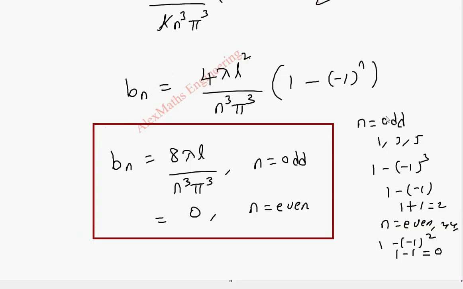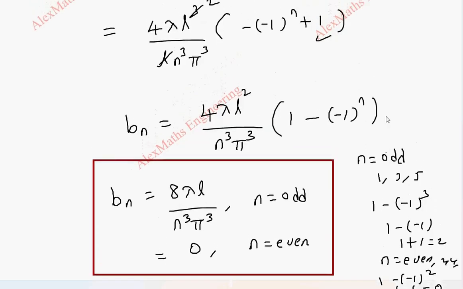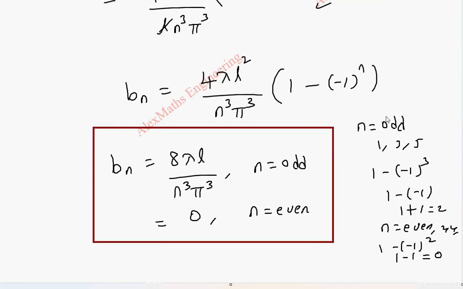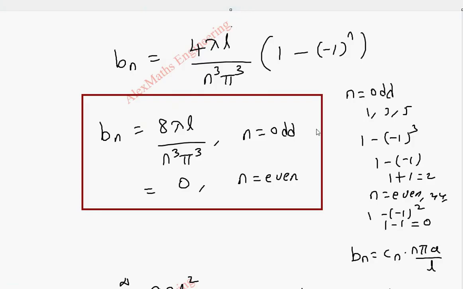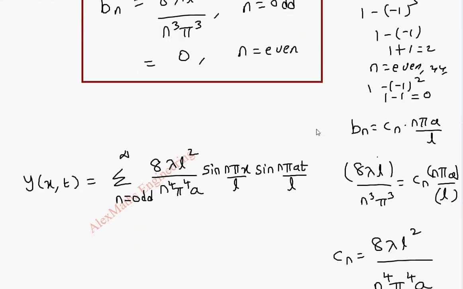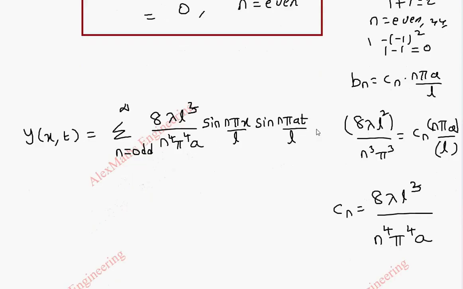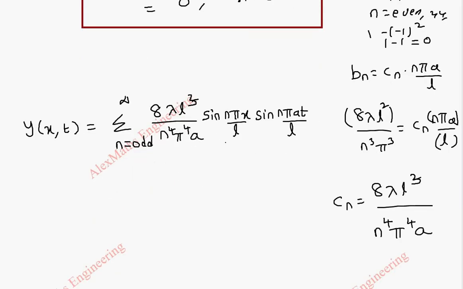This is L squared. After cancelling L cubed and L, we get L squared, and this is again L squared. So when I replace for Cn, it will become, after cross multiplication, L cubed. So it is 8 lambda L cubed by n power 4 pi power 4 a, and the rest of the terms.